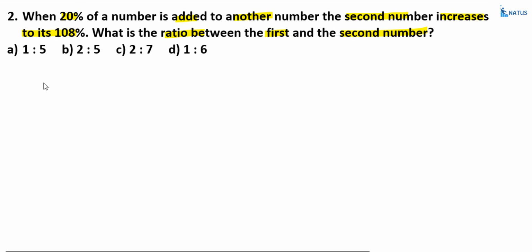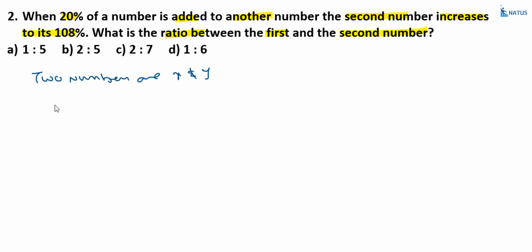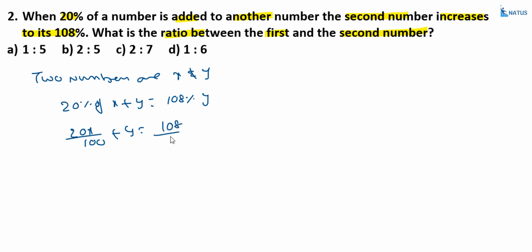So 20% of a number, that is 20% of X, plus Y is equal to the increase to 108%, that is 108% of Y. So 20x by 100 plus y is equal to 108y by 100.